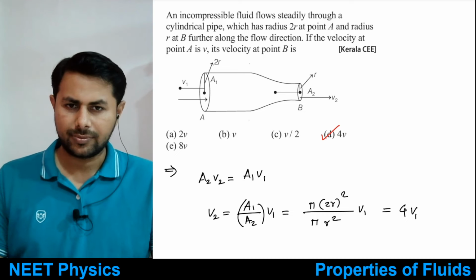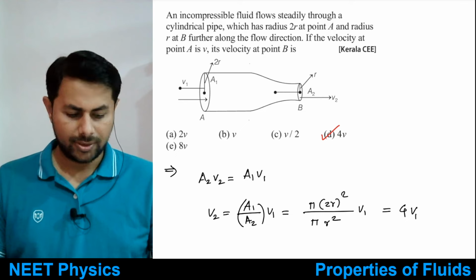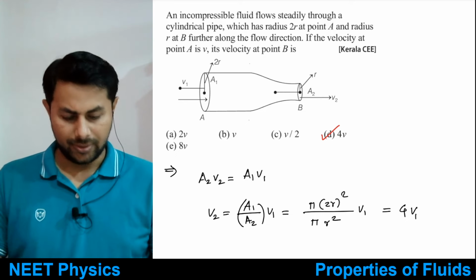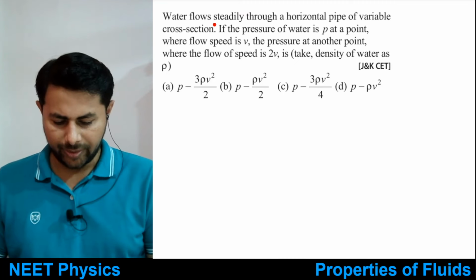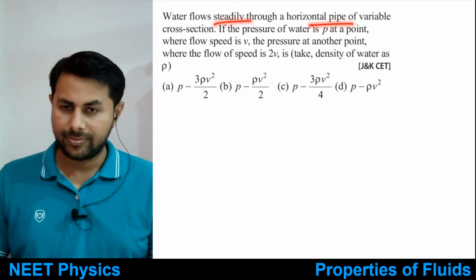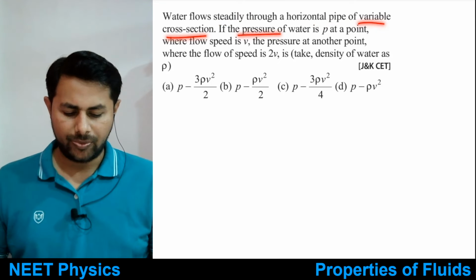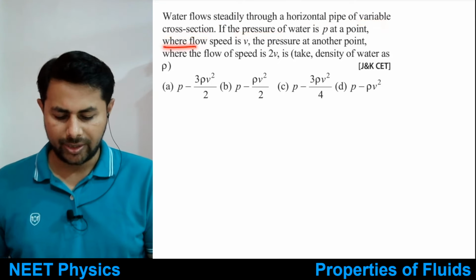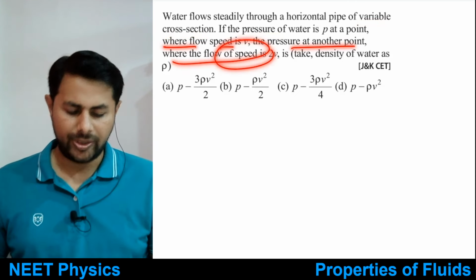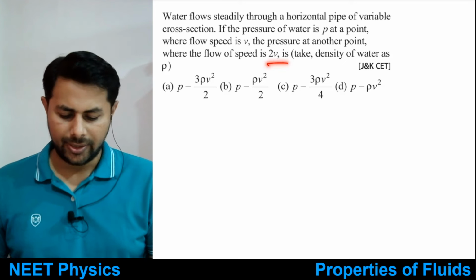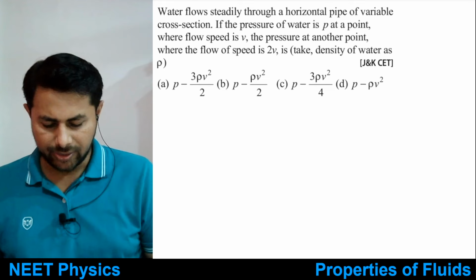Okay, good. Let's see next one. Water flows steadily through a horizontal pipe of variable cross section. If pressure of water is P at a point where the flow speed is V, pressure at another point where flow speed is 2V is?